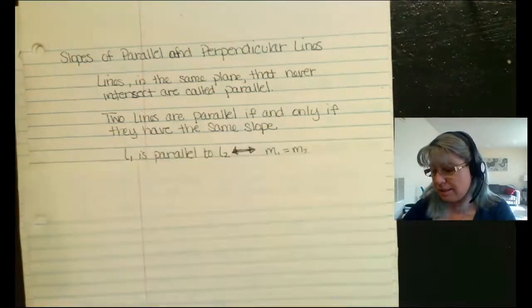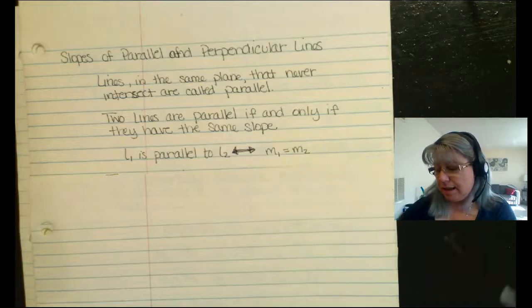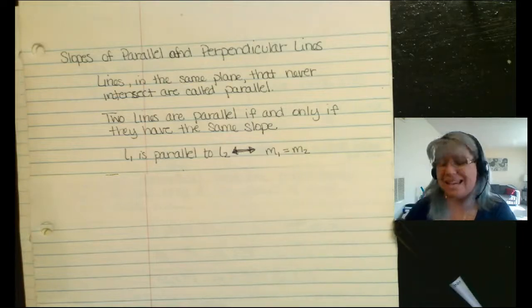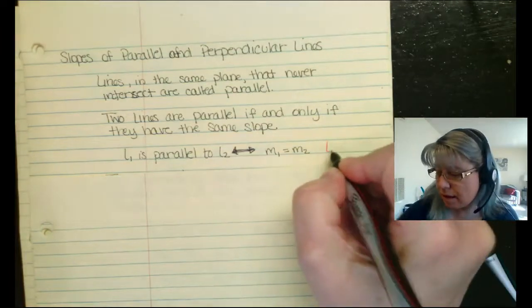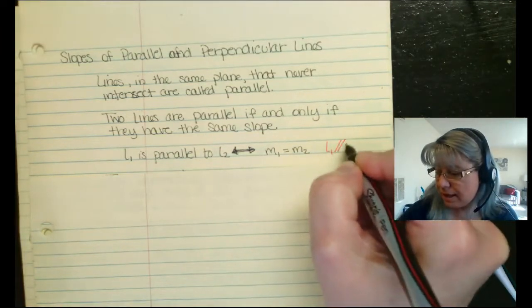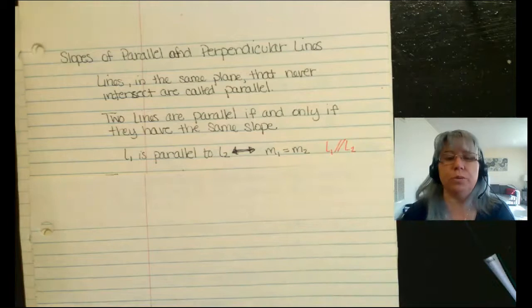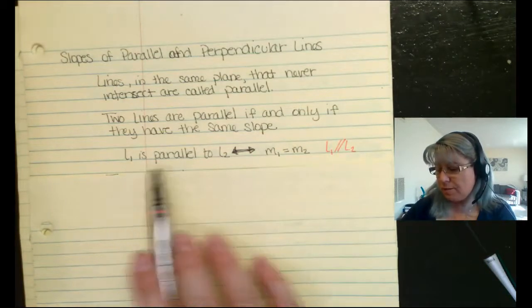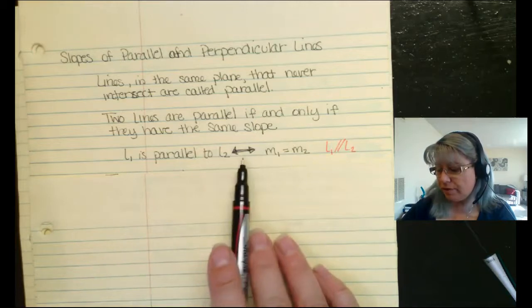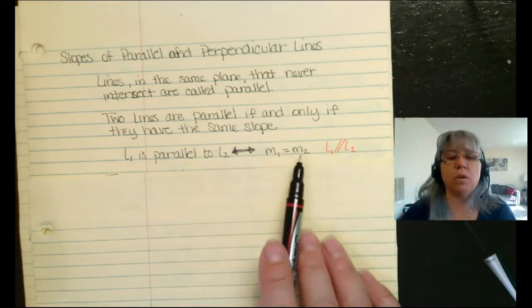So now let's chit-chat, and what I'm going to say if they're parallel, a shortcut, is line 1 is parallel to line 2 if and only if their slopes are equal.